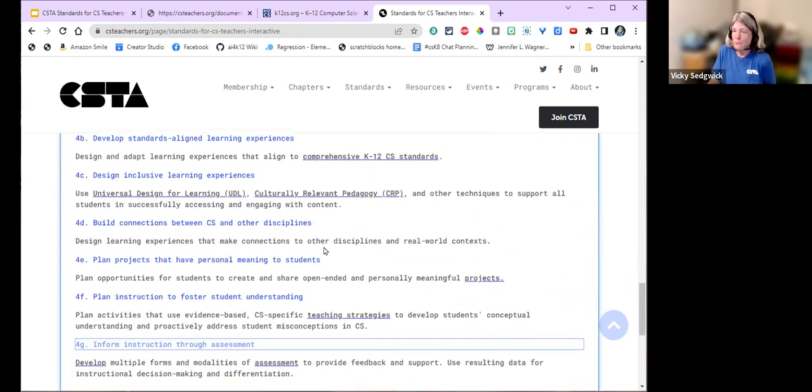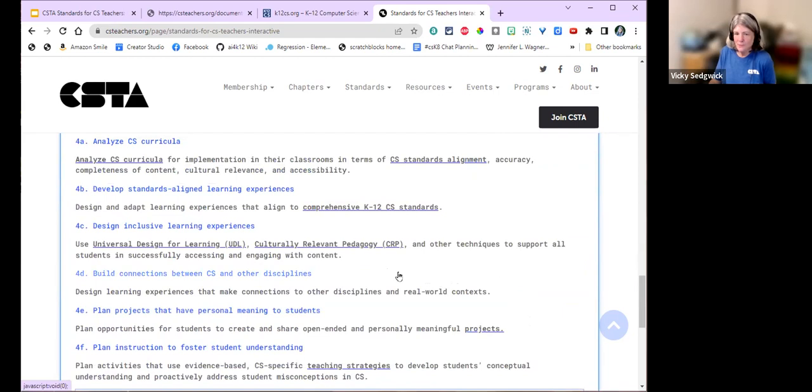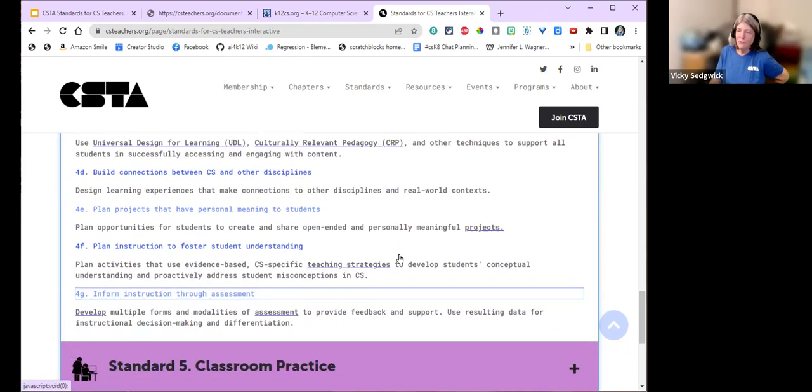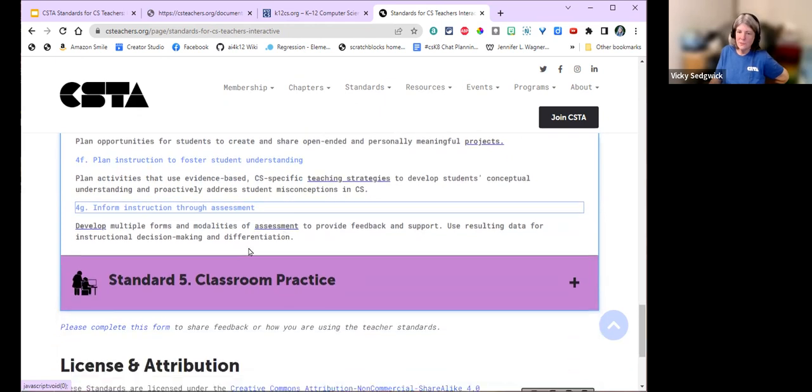A lot of them should apply in almost any subject area. There's a few things that are going to be a little specific and a few tweaks that you might need to make, like in UDL, or certain CS-specific strategies that you might want to research. But it's important that you do all of those things.